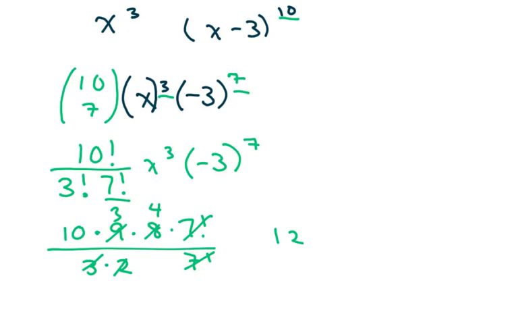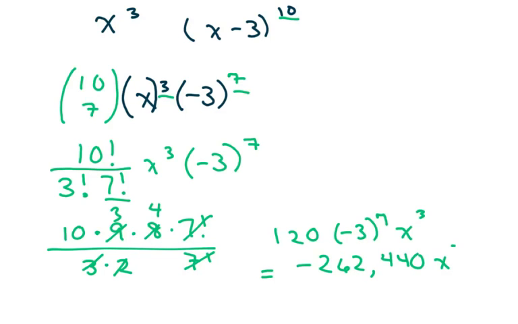So you get 120 times negative 3 to the 7th, x cubed. And that's going to give you negative 262,440 x cubed. So you're just looking for the coefficient, and there would be the coefficient.